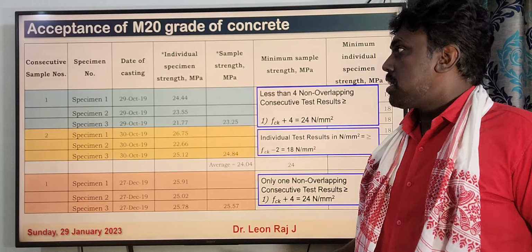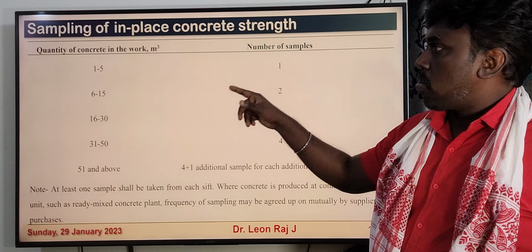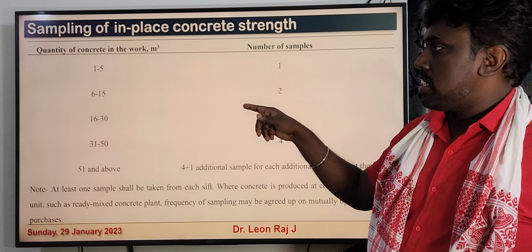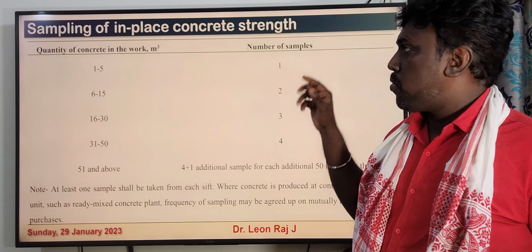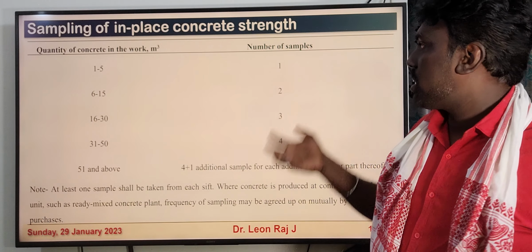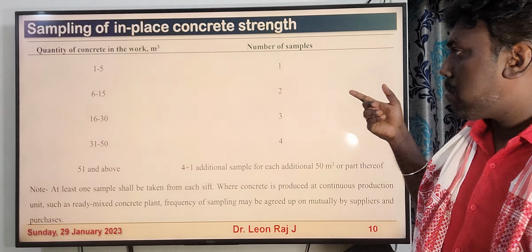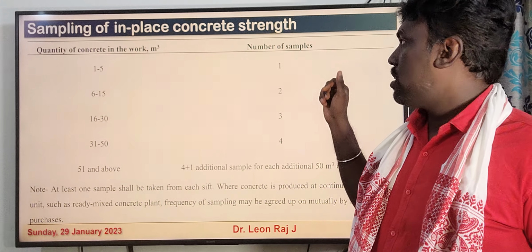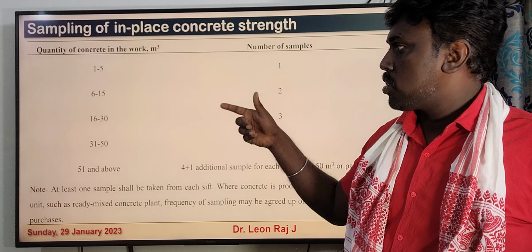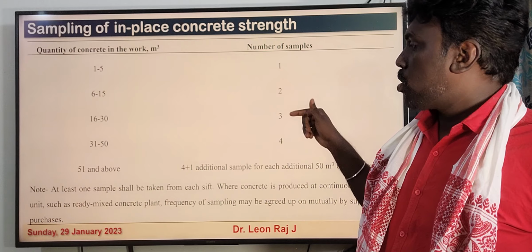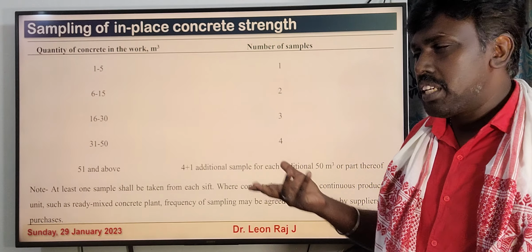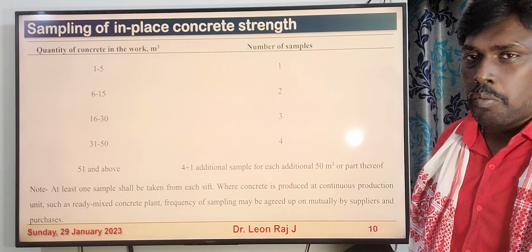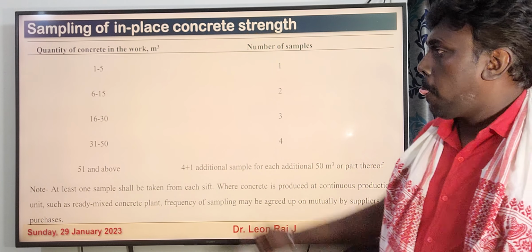For the sampling of in place concrete strength, the quality of concrete in the work: from 1 to 5 meter cube of quantity of concrete, the number of samples required shall be 1. From 6 to 15 meter cube of ready mix or any type of concrete, the minimum number of samples shall be 2.